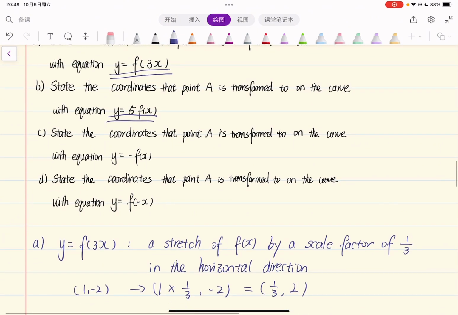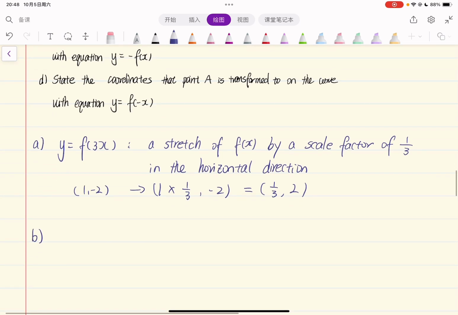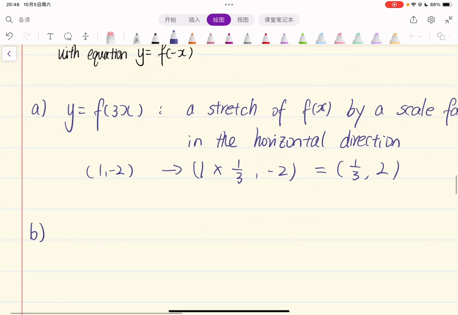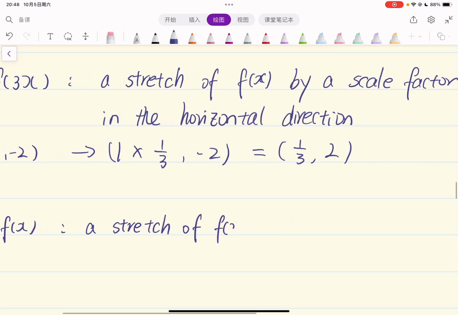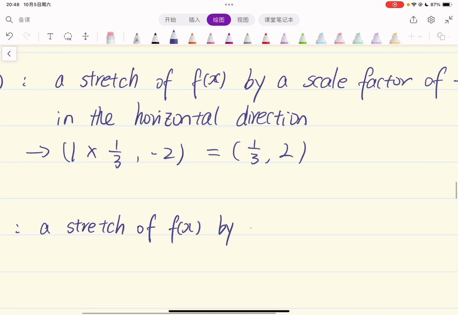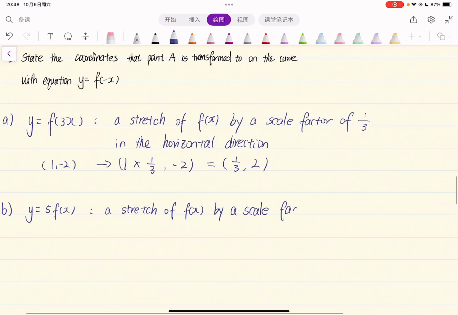So 5 is outside of the bracket, outside the function, which means the curve is a stretch of f(x) by a scale factor of 5 in the vertical direction.